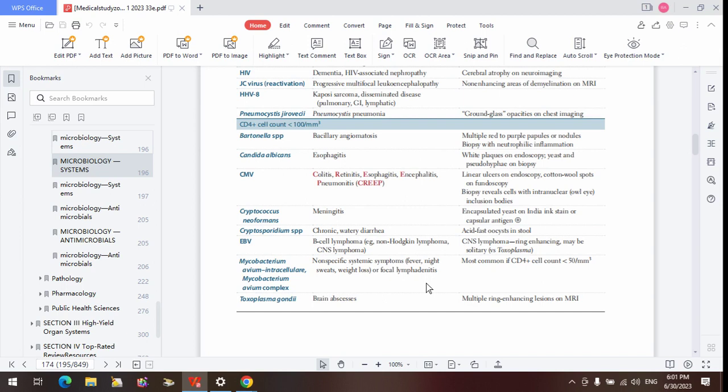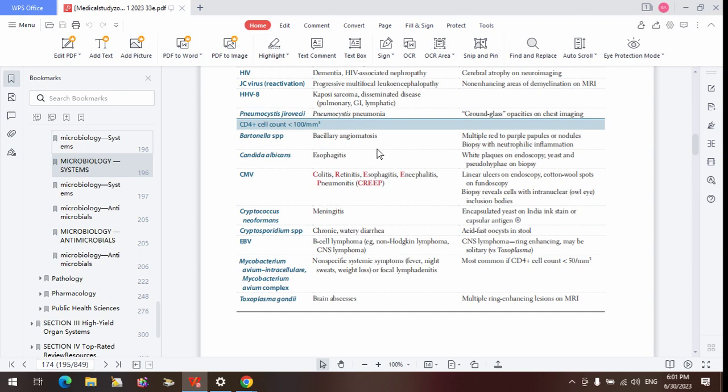Once you get to the next 100, the ones you want to remember first are avium and toxo, before you now start talking about BCE, like a code so that we can remember.